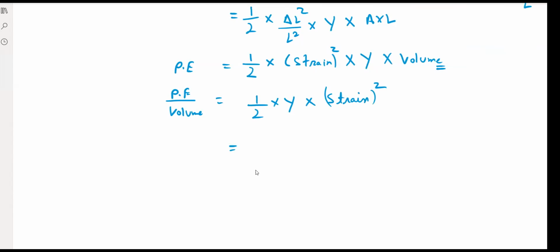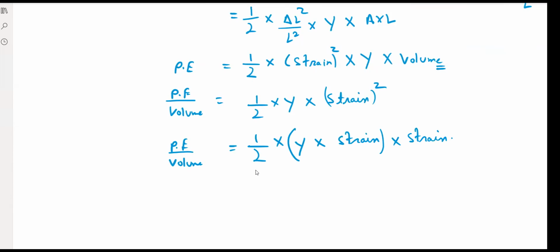Okay, now potential energy per unit volume is what? Half into Y into strain into strain. Now what is Y into strain? Young modulus into strain को क्या बोलते हैं? Young modulus into strain is equal to what?